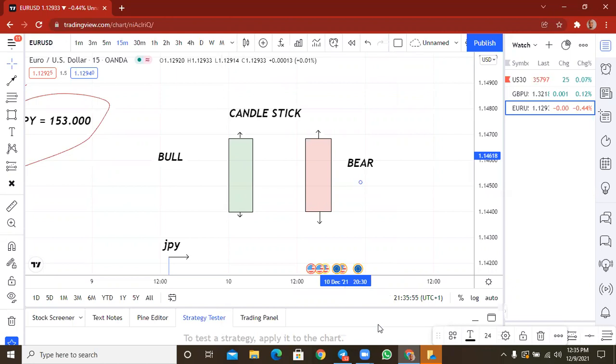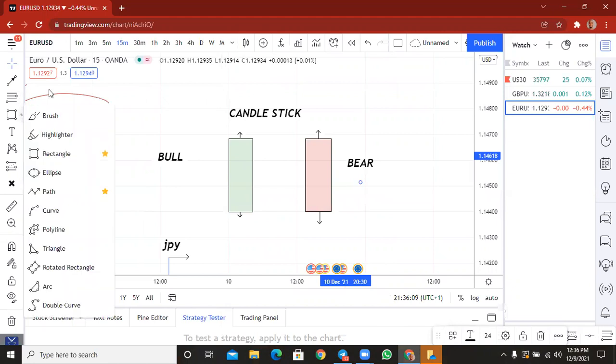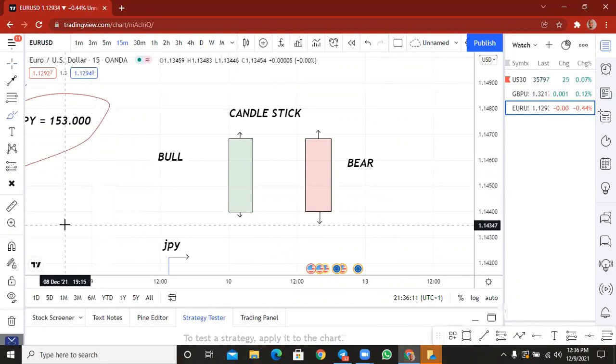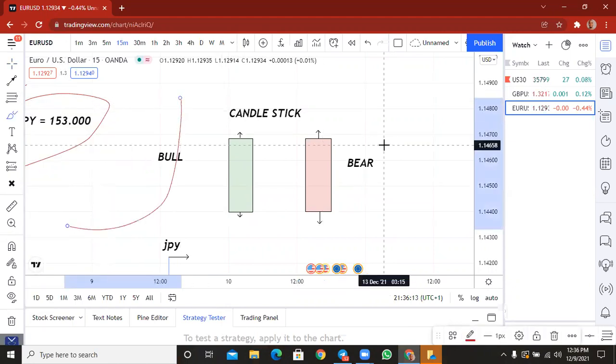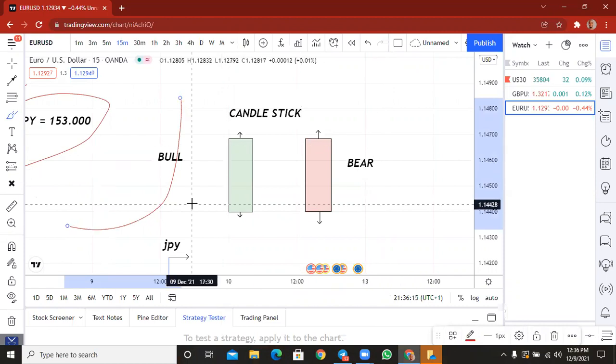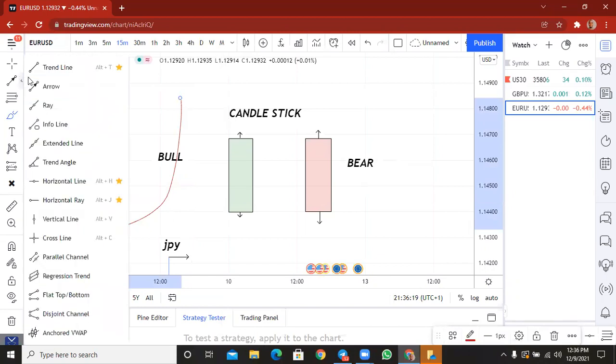How does the bull react to its prey? If the bull is going to hunt its prey or attack its prey, how does it act? If you watch, the bull takes its prey from down in an upward direction, something of this nature. Boom, right? It takes up its prey from down to up, an upward direction.